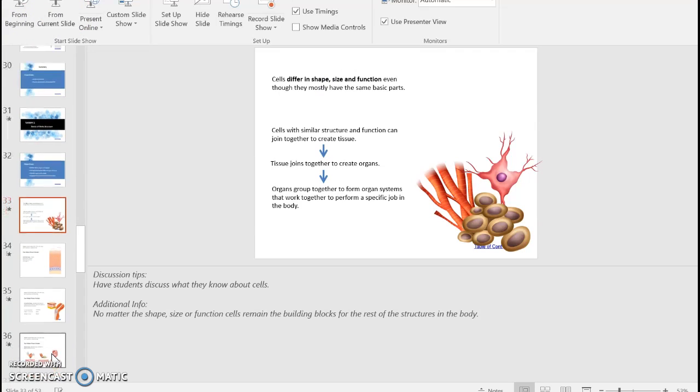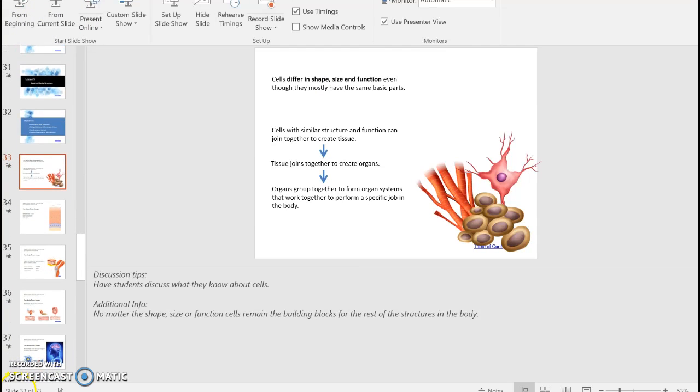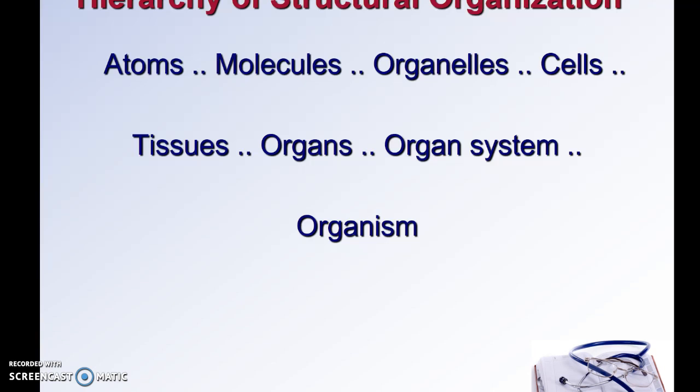Okay, so this is what I was looking for. Hierarchy of structural organization. There are 4 levels that we're going to talk about for multicellular organisms, and they all start with cells. In the beginning, atoms turn into molecules.